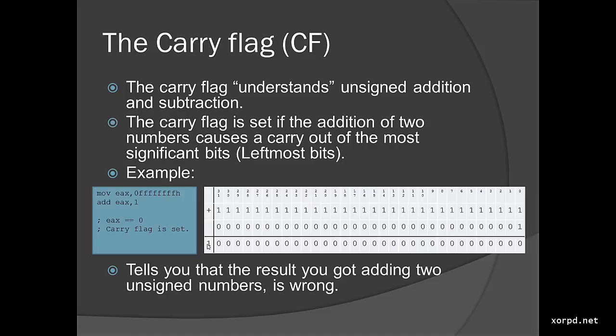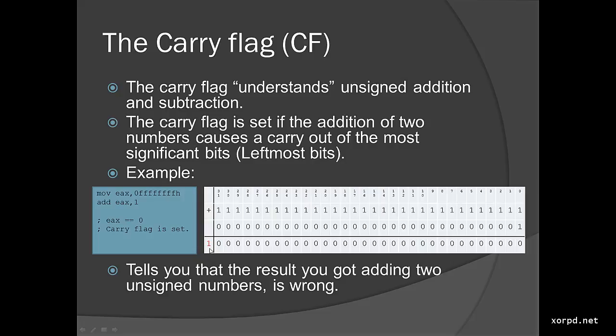So instead of disappearing, this bit is going to be put inside the carry flag. This could be pretty useful. You have another bit which is inside the flags register that stores this bit that usually disappears if you don't look inside the flags register.